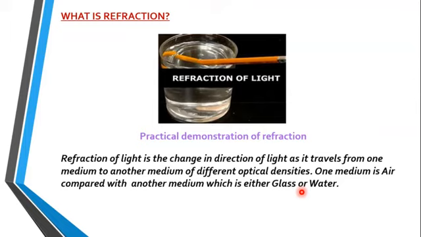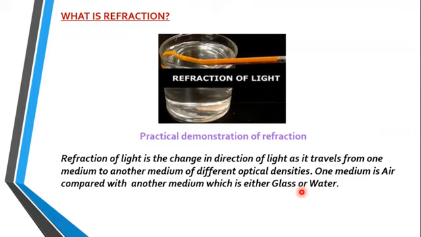Because of the differences in densities, as light travels from one medium to the other, there will be a change in direction of light. Light will no longer travel in a straight line, as we discovered under rectilinear propagation of light, where we considered only one particular, uniform medium. But in this case, we're looking at two media, one having a different optical density than the other.